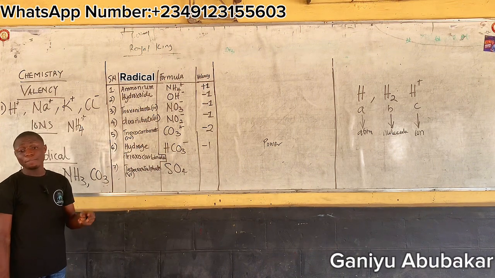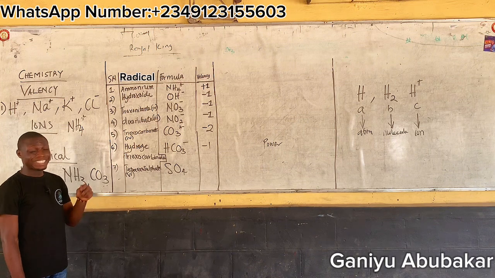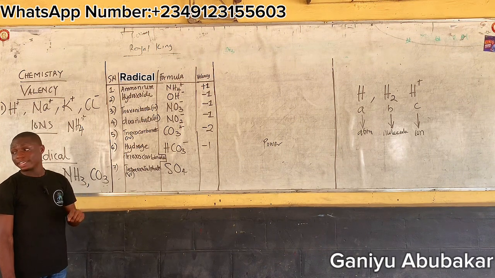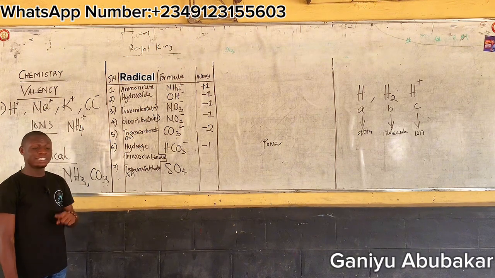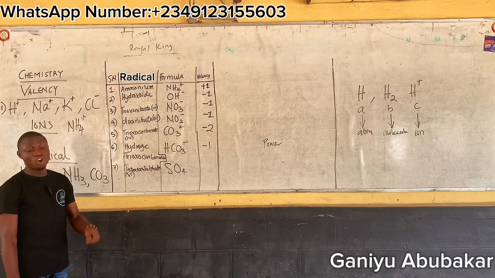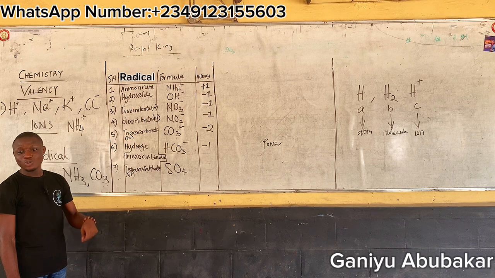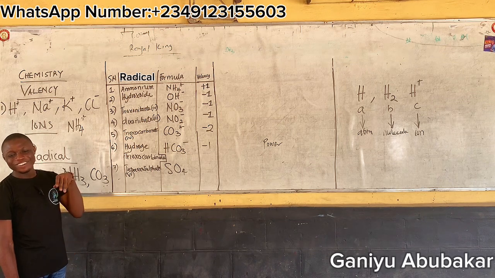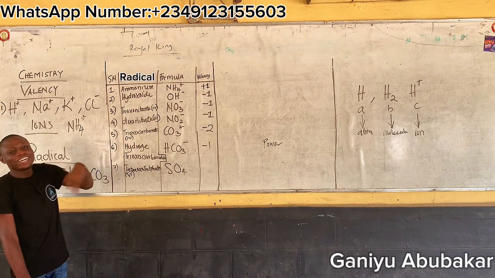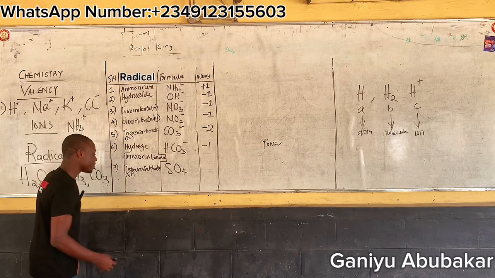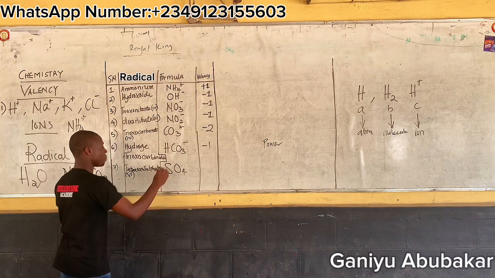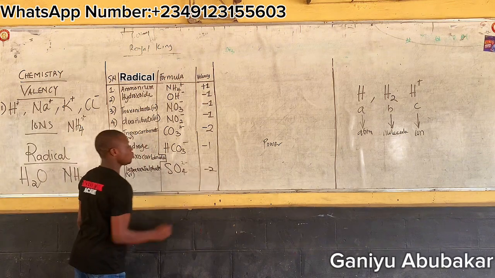Tetra is 4. Penta is 5. Hexa is 6. Hepta is 7. Octa is 8. Nona is 9. Deca is 10. Undeca 11. Dodeca 12. Trideca is 13. This one has minus 2 as the ion.